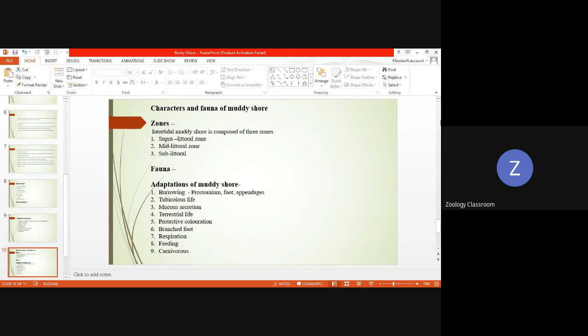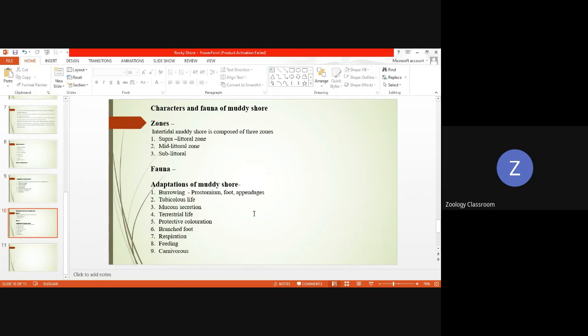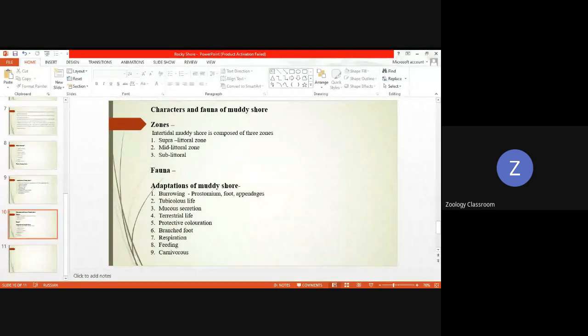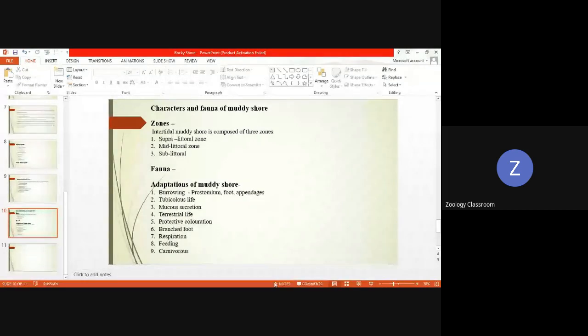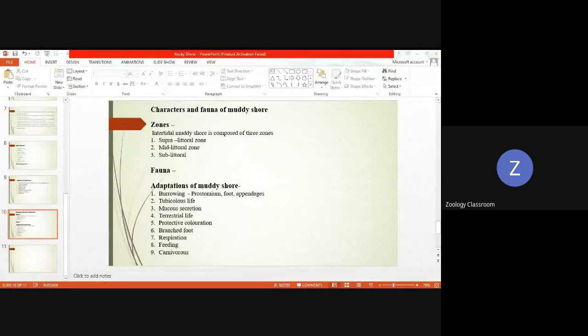Such animals are crabs, hermit crabs, etc. Hermit crabs live in the mangroves and can even climb the trees at heights above the high tide level of the muddy shore. So this is what we had, 3 points which were remaining, that is sandy shore, rocky shore, and muddy shore. So we have finished up with the total syllabus.